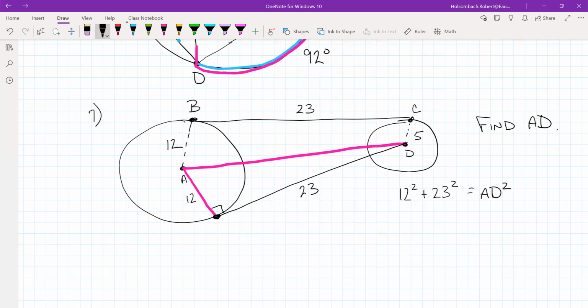So 12 squared plus 23 squared is 673, which is equal to AD squared. Then we can find the square root of both sides. So 25.94 is equal to AD. In this case, we're rounding to the nearest tenth, so that's going to be 25.9 equals AD.